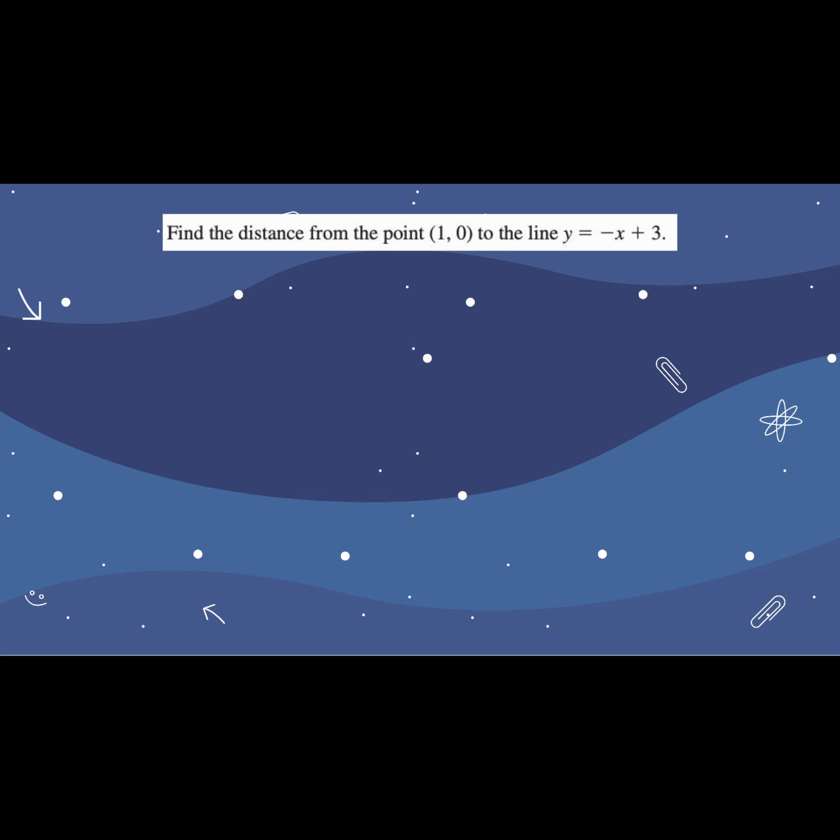Last one. Find the distance from point 1, 0. This is another type of question we'll see. From point 1, 0. So that would be right here. From this point to the line negative x plus 3.